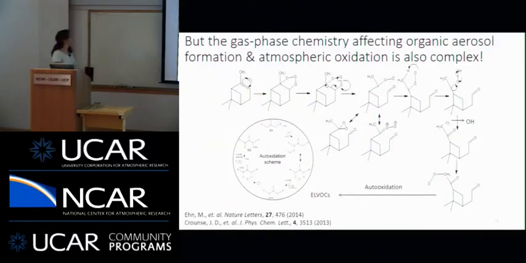The problem is that the gas phase chemistry really affects organic aerosol formation, and there have been some really interesting insights in the literature in the last few years.